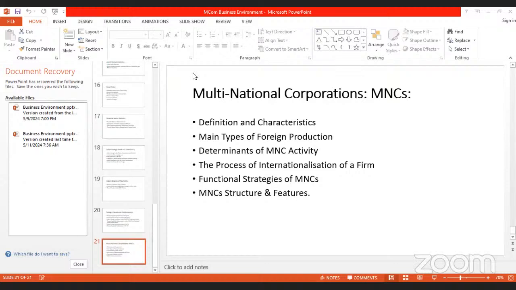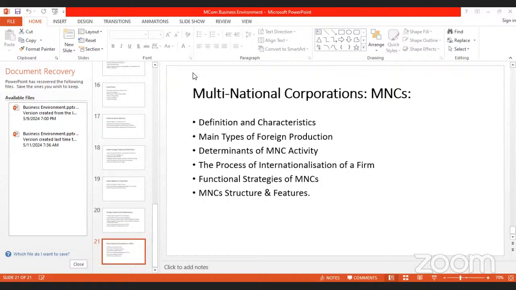MNCs manage complex global supply chains to optimize production and distribution. Next feature is cross-cultural management. So under cross-cultural management, managing a diverse workforce across diverse cultures requires effective communication and cultural sensitivity. So those are the two basic requirements.